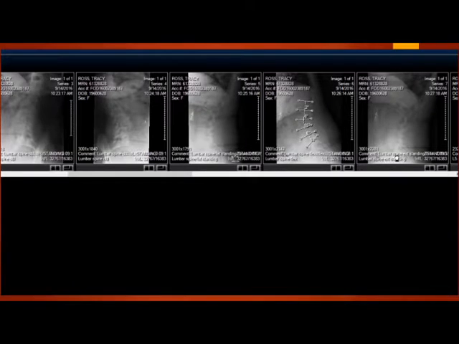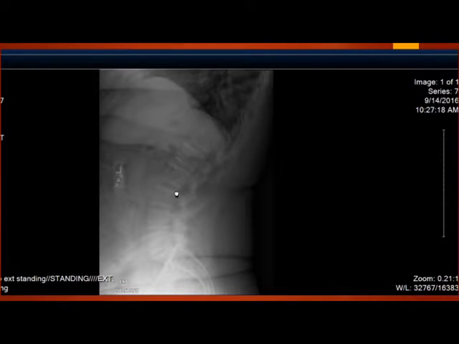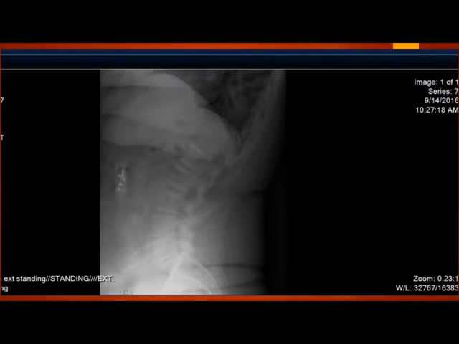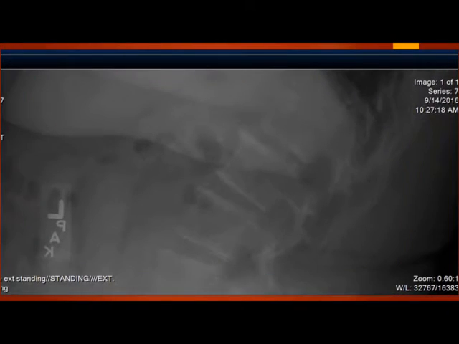And let's go to the extension angles. And this is L5, 4, 3, 2, 1. So let's measure our angles. This is a -7 degrees.